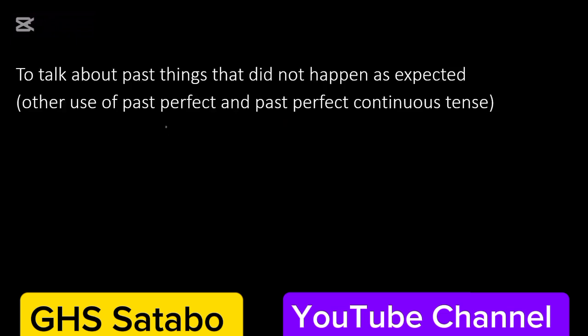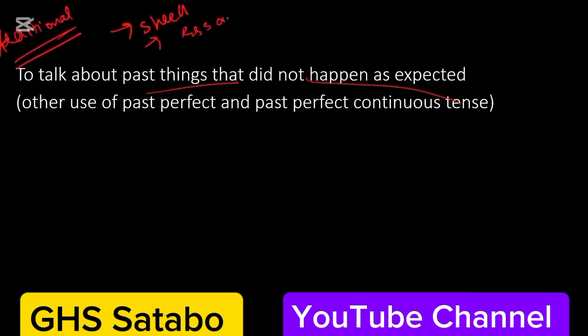Past perfect continuous tense also is used to talk about past things that did not happen as expected. This is additional information, and you will definitely use this information in your upcoming speech writing or essay writing in your IELTS exam or any other exam in particular. Also, when you talk and when you share some stories, this point will definitely be helpful.